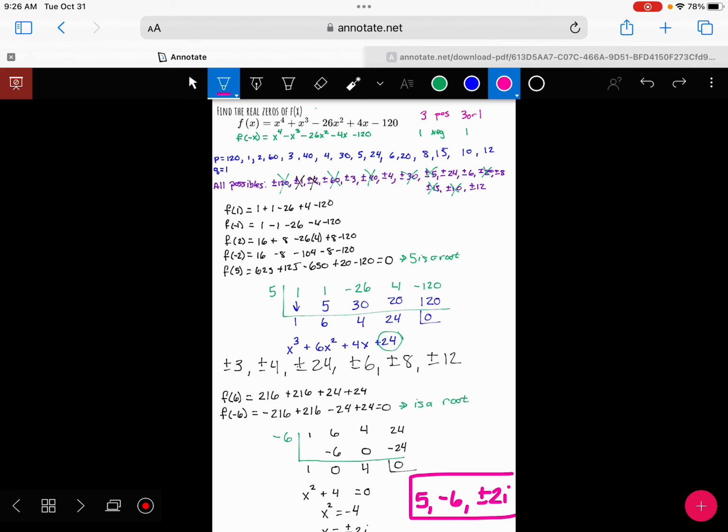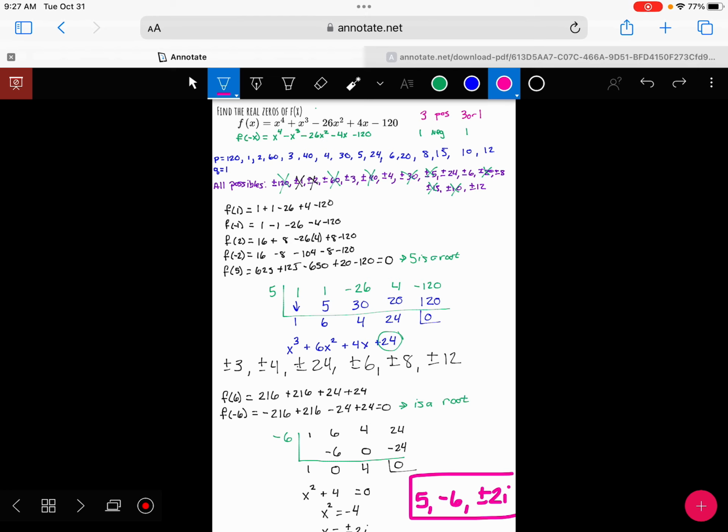So we only have 1 positive root, 1 negative root, and 2 complex roots. If we have imaginary roots, it doesn't affect the ones we found in the Descartes, because those are only real. So we had 1 positive, 1 negative, and 2 complex roots, or imaginary roots, or not real roots, however you want to word it. They mean the same thing.